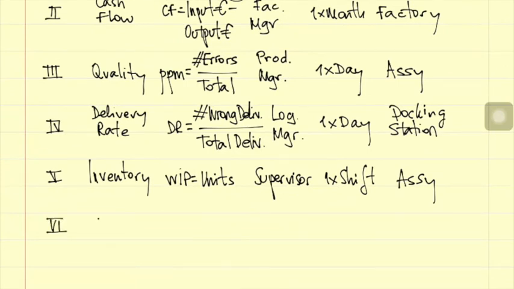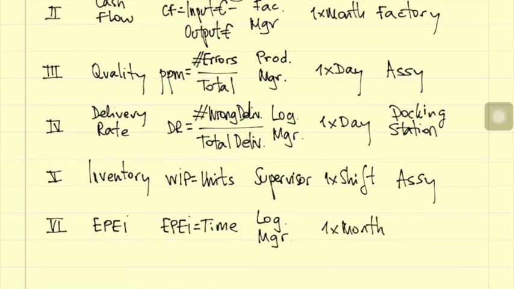We can measure the EPI, which we're going to be looking at in a couple days. We measure EPI in time units. It's a measure of flexibility of a process. This is being reported by the logistics manager, and it's taken once a month. And this is about the factory.